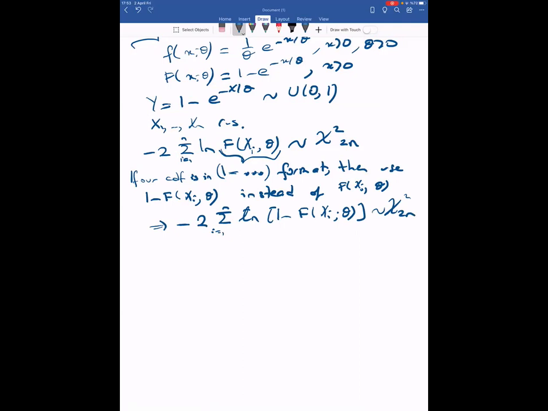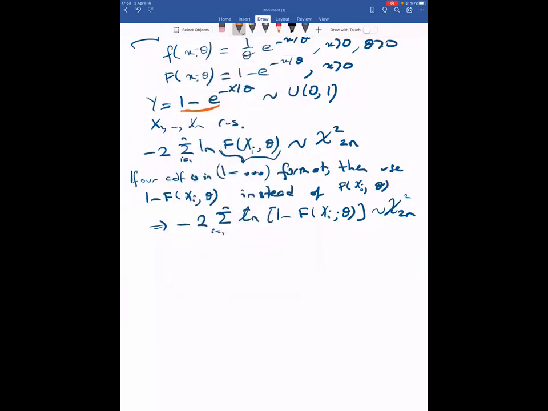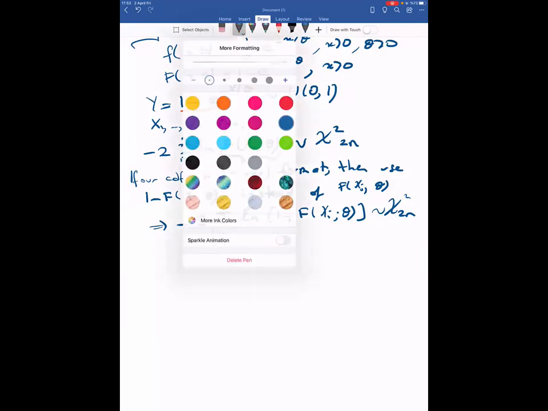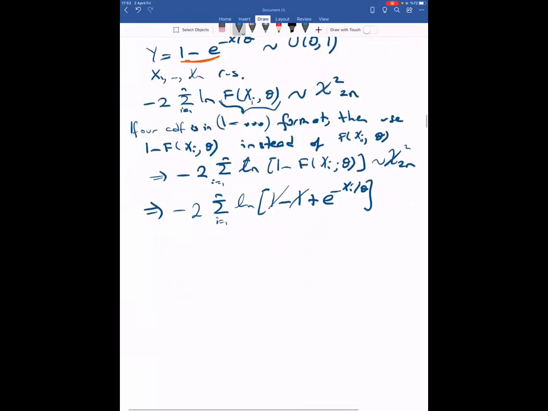Okay, since our CDF is in this form here, the 1 minus blah blah format, let's use that. Minus 2 times the summation, i from 1 to n, of ln of 1 minus (1 minus e to the minus xi over theta). So this will be our pivotal quantity. This one term cancels out.